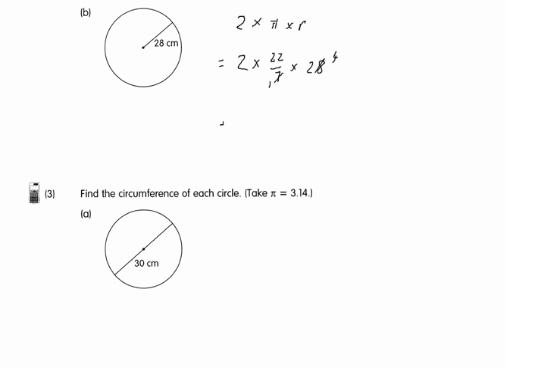So you got 2 times 22 give you 44, right? 44 times 4 give you 176. Good. So answer is 176 cm. Very good. It's cm this time round. Please take note of the units.